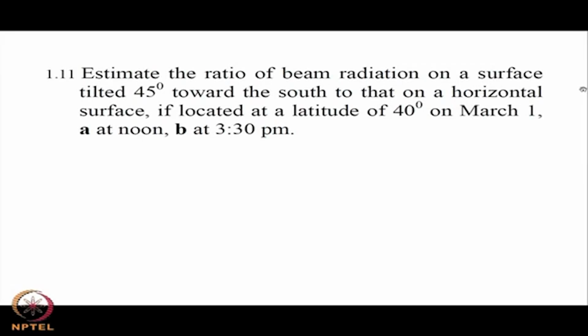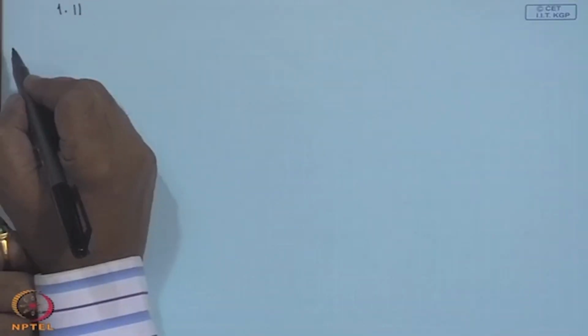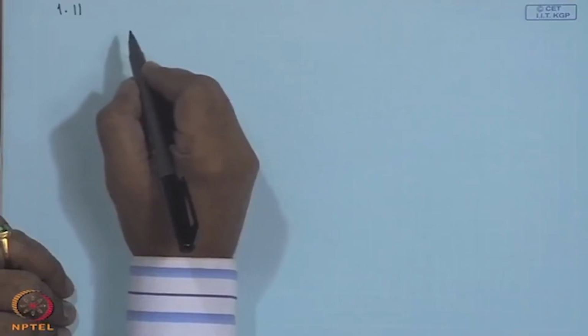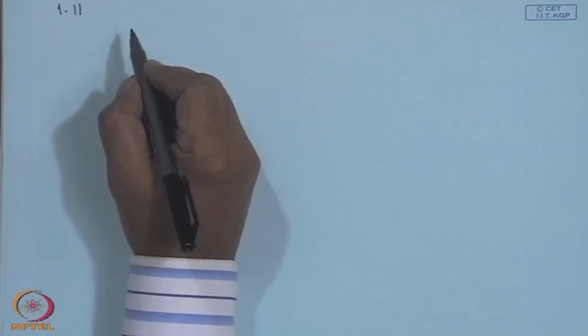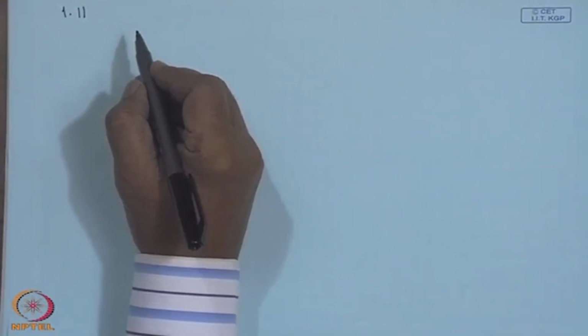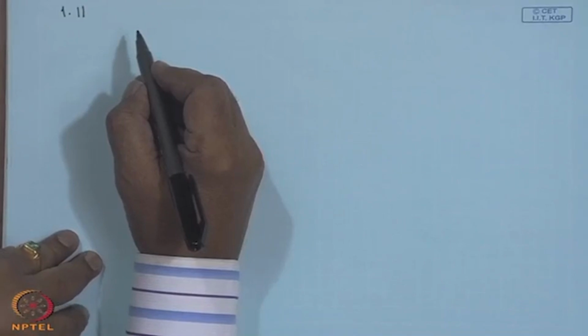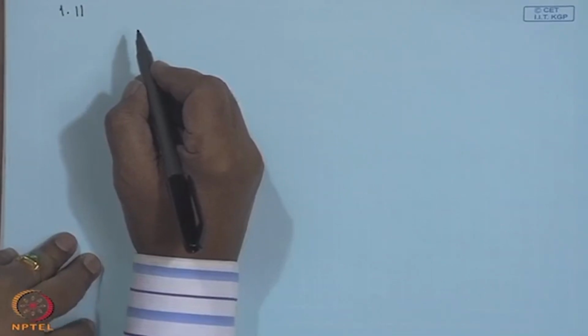Now, we shall go to problem 1.11. Estimate the ratio of beam radiation on a surface tilted 45 degrees toward the south to that on a horizontal surface if located at a latitude of 40 degrees on March 1st A at noon time and B at 3:30.